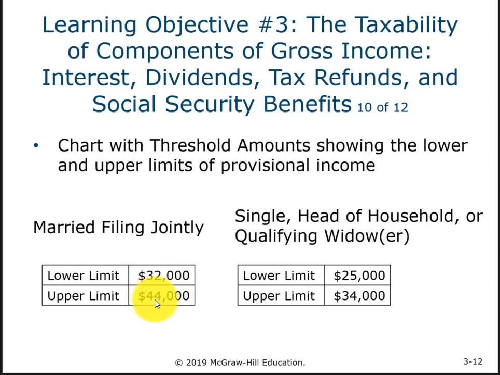Once you get to over $44,000, then it is 85% of your Social Security benefits, or 85% of the amount you're over 44, plus 50% of the difference between 44 and 32. Okay? And then it just works with different numbers if you're single, head of household, or qualifying widow(er).